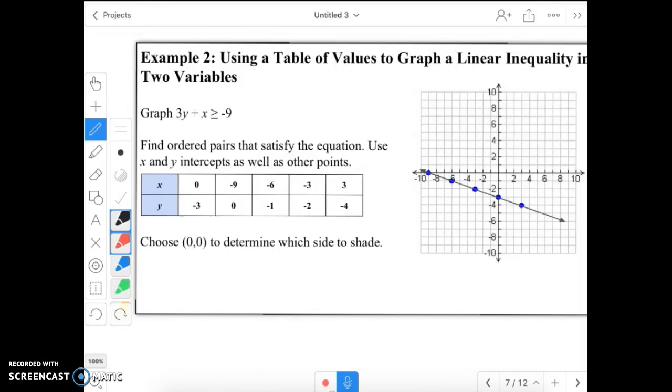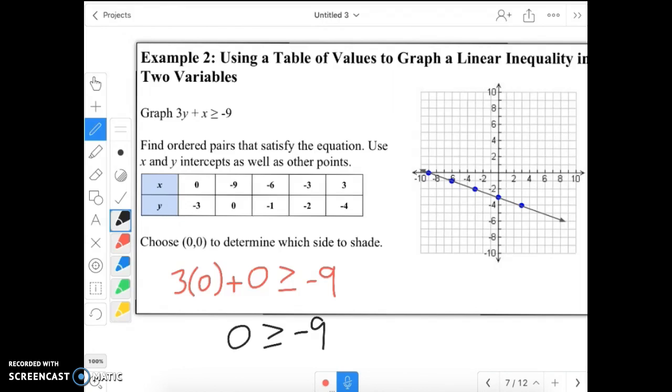I'm going to pick 0, 0, because in my opinion, that's the easiest thing we could possibly pick. So 3 times 0 plus 0 is greater than or equal to -9. Simplify that, and we get 0 is greater than or equal to -9. Now, that is a true statement.